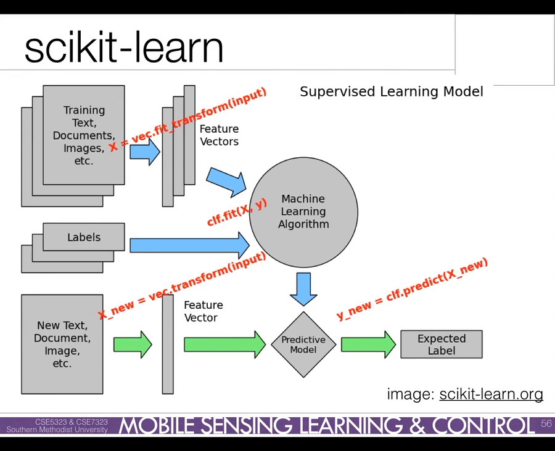Let's say your input is input. You can call x is equal to vector.fit_transform of your input, and it will turn it into feature vectors. If you've already got feature vectors, don't worry about it. Let's say you've got a classifier called clf. You can call clf.fit of x and y. What do you think x is?